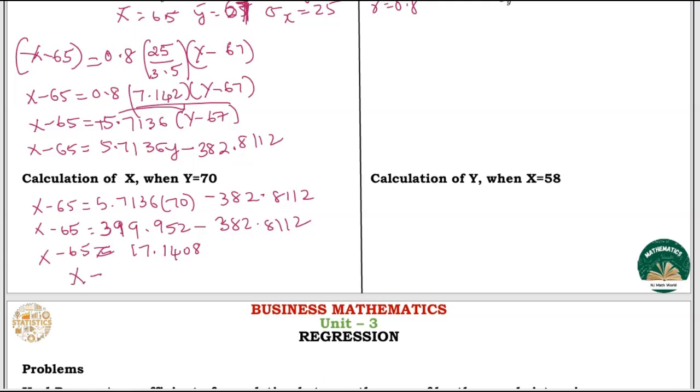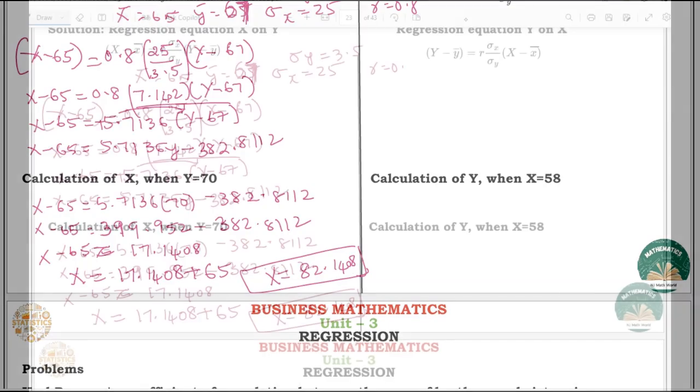If you take plus 65, you get x as 82.1408. So this is the x value of the given question.